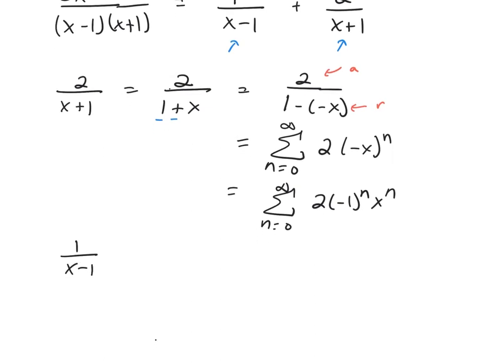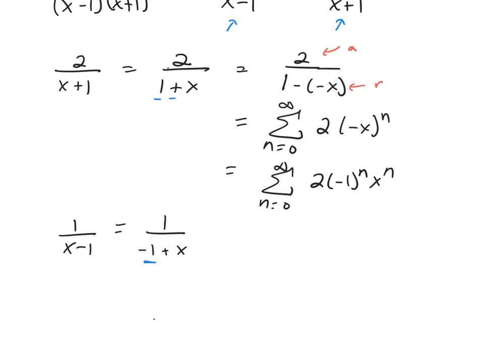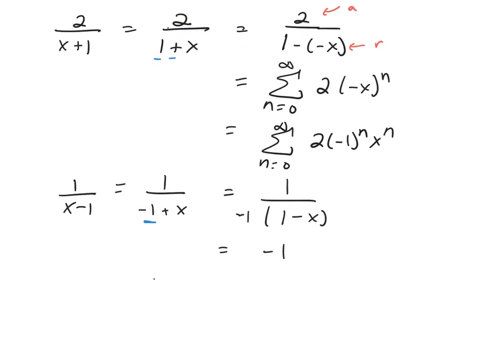So just like before, I'm going to flip the two terms in the denominator. And because this is a negative 1 here, I'm going to factor out a negative 1. And I'm just going to move that negative 1 to the numerator: negative 1 over 1 minus x.